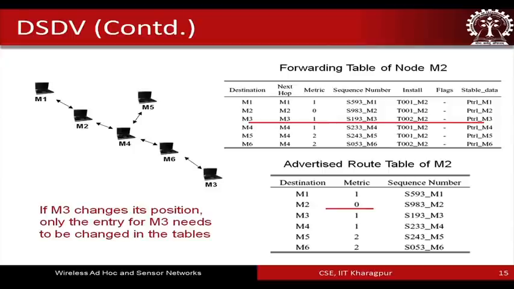So, what happens, as you can see over here, is that from M2 to M3, earlier it was 1 hop, and the next hop node was node M3 alone.